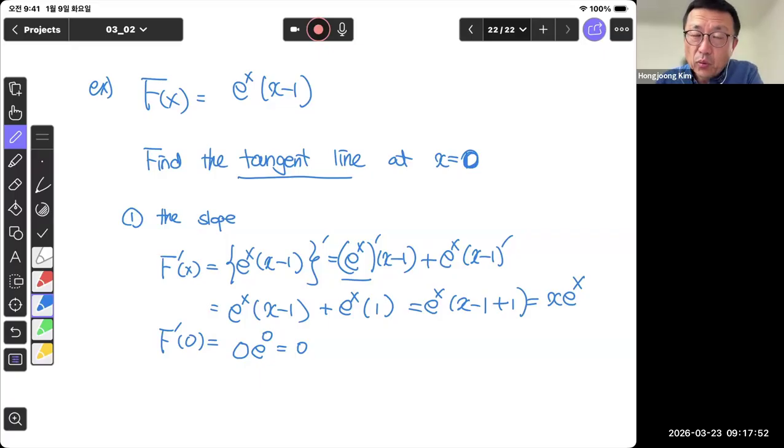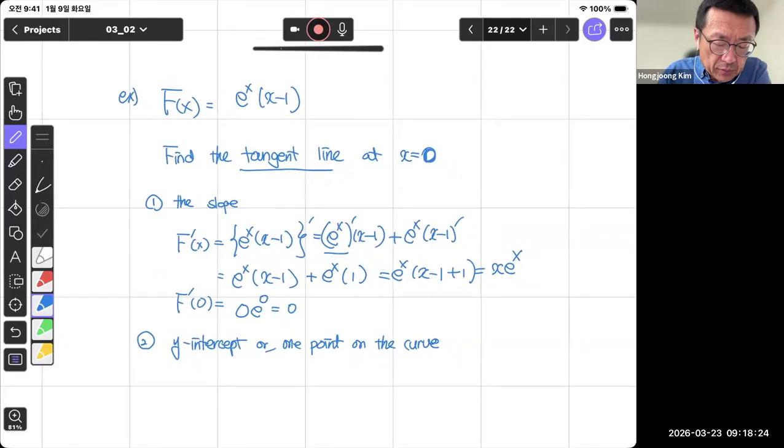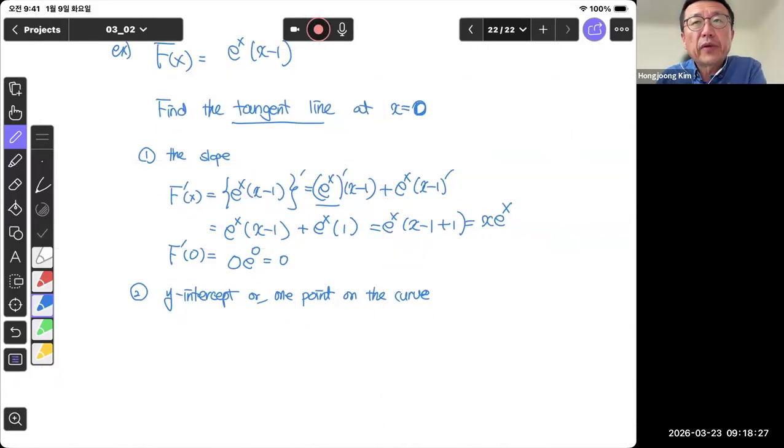And what else do I need? We need the y-intercept, or one arbitrary point on the curve. To find this point on the curve, I want to evaluate this function at 0.